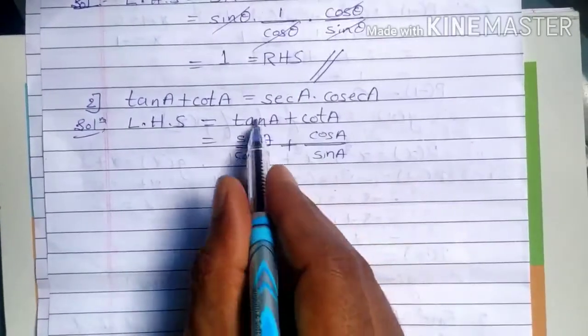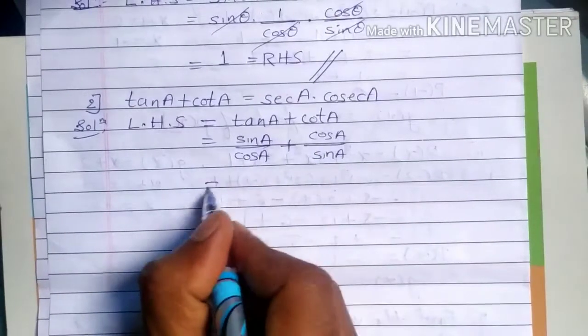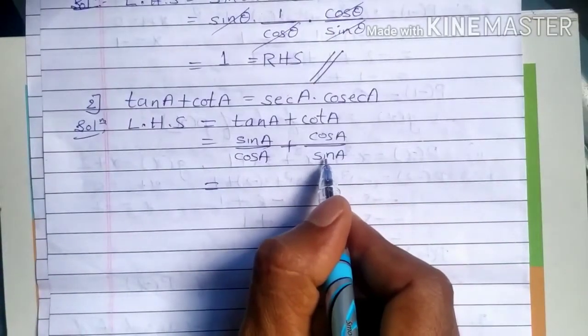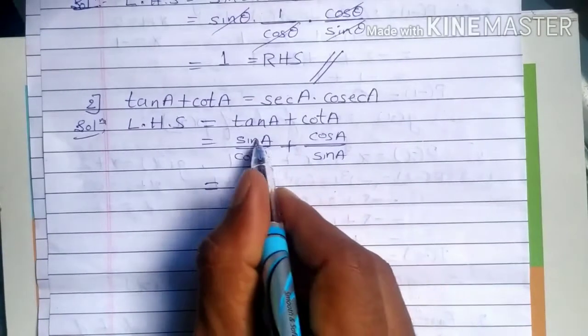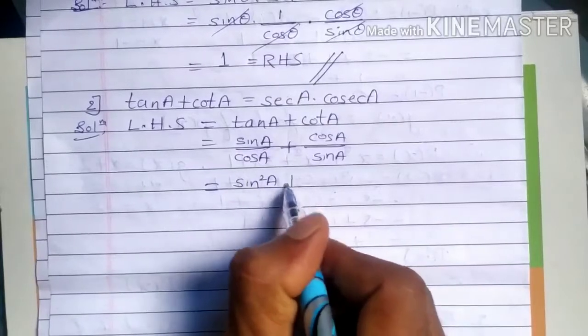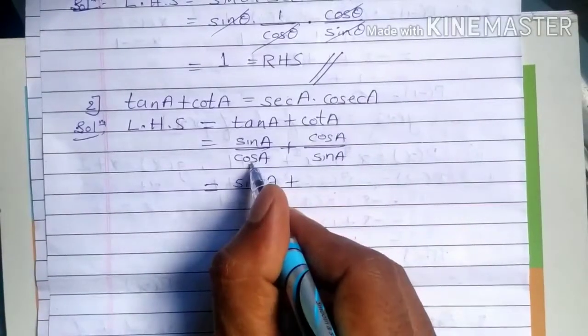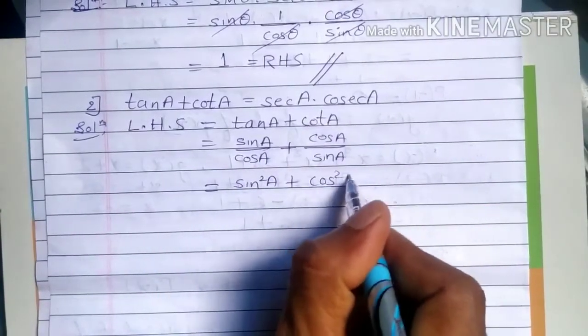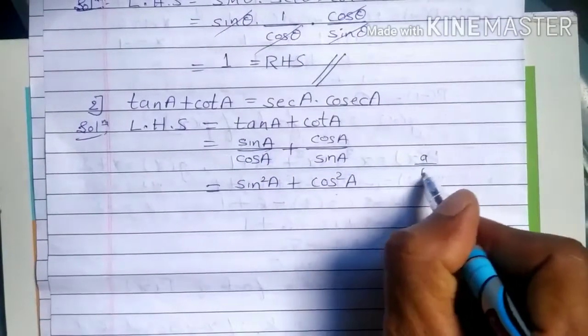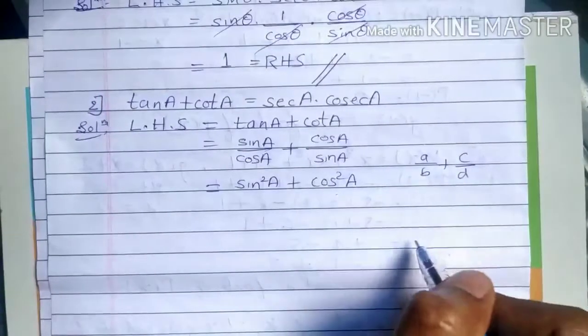So these are there in your formula list. Tan A is equal to this, cot A is equal to this, that is equal to, now simplifying, so these are like fractions. So whenever a fraction is given, we multiply these two, sin A into sin A, sin square A, cos A into cos A, cos square A. So, simplifying fractions, suppose you have A by B plus C by D, what do you do?